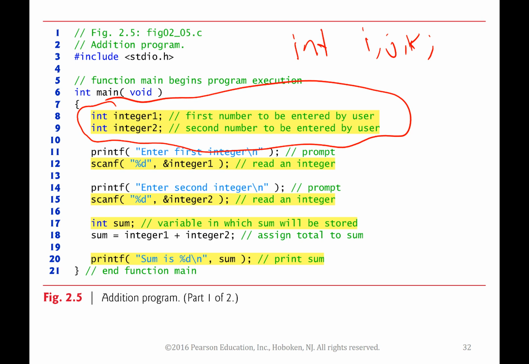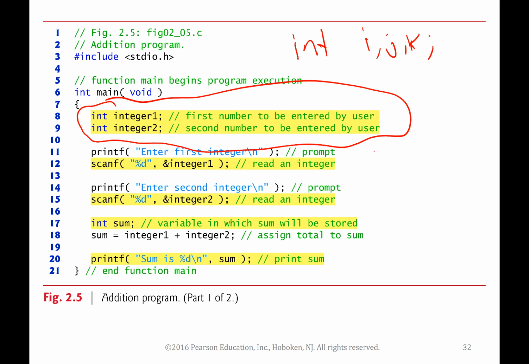Now C is unlike most languages in that C is case sensitive. When I say case sensitive, the word integer, if it starts with a capital I, is not the same as the word integer with a lowercase i. So upper and lower case make a difference in C. Same thing with commands, printf.